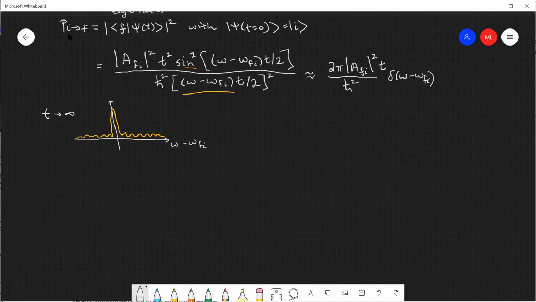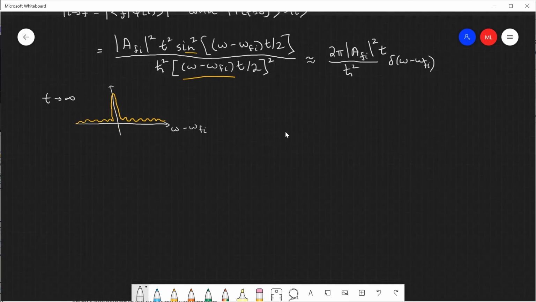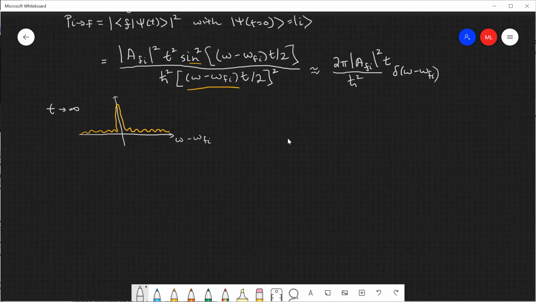So this would be the transition probability. You can use this general expression with the sines if you don't care to do this approximate thing. The reason you do this approximation in terms of the delta function is that often you want to know the rate of transitioning, not to just a single state f, but to a whole set of states per unit time.